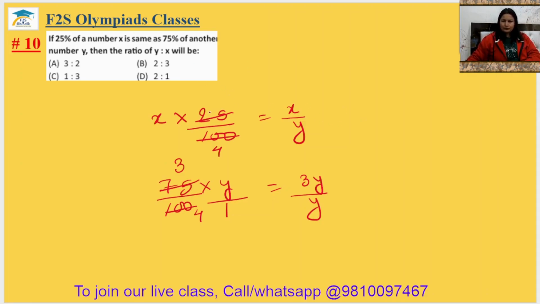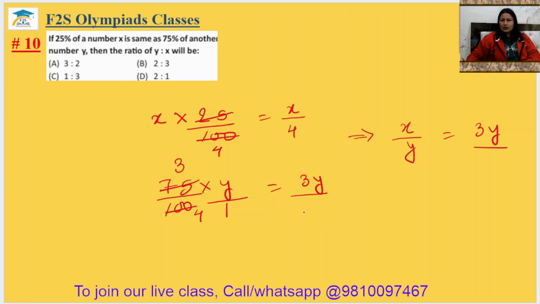Both are the same. So we can write x by 4 equals 3y by 4.